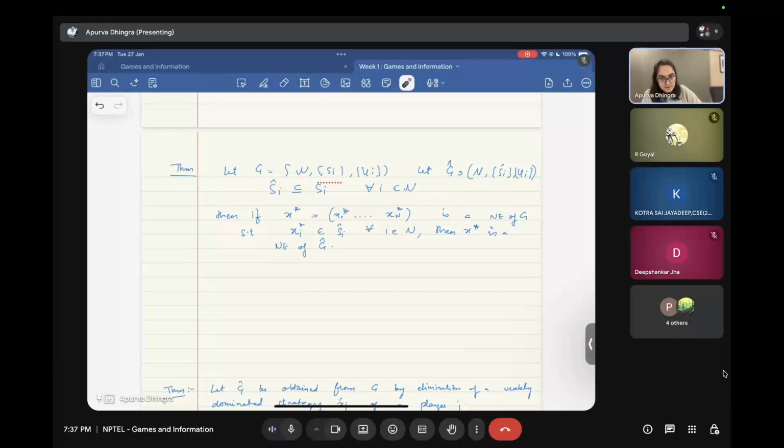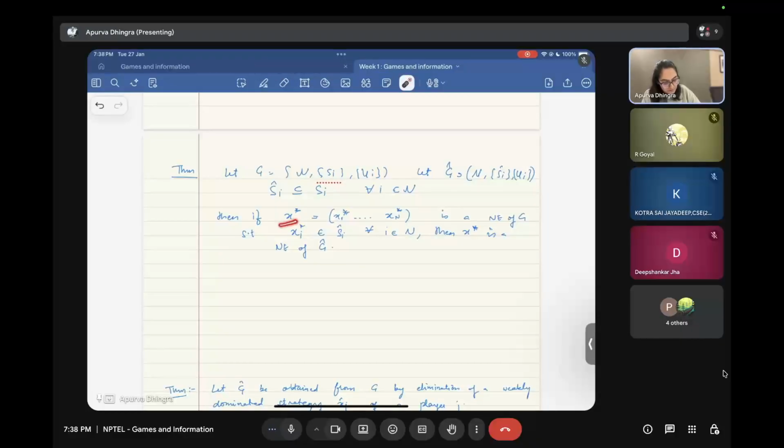This particular theorem says if x star is a Nash equilibrium of the game G, and this particular strategy for each player is available even in this S hat, meaning after whatever elimination you have done or whatever logic you came up with to reduce your matrix, if the equilibrium still lies in the game, then that is going to be a Nash equilibrium of the reduced game also. So this is the original game, this is the reduced game.